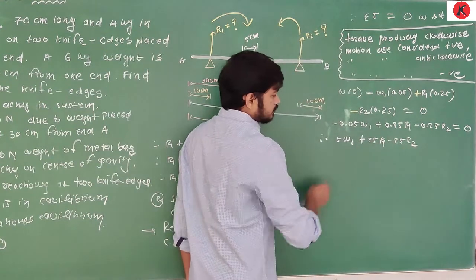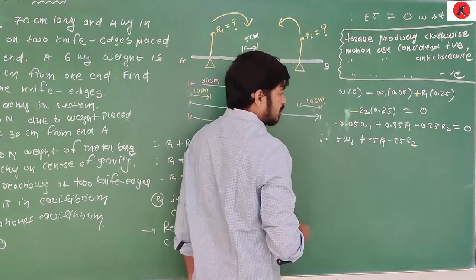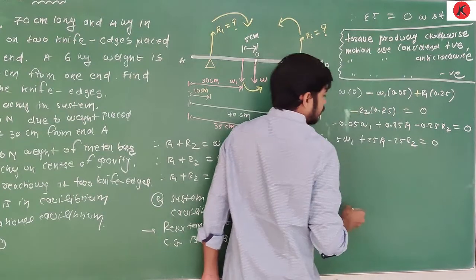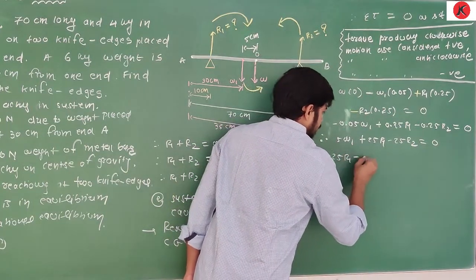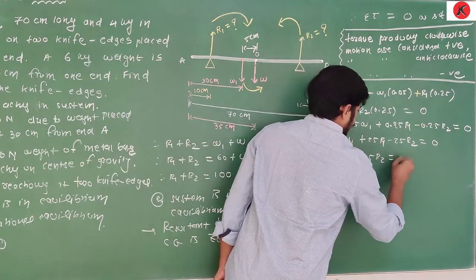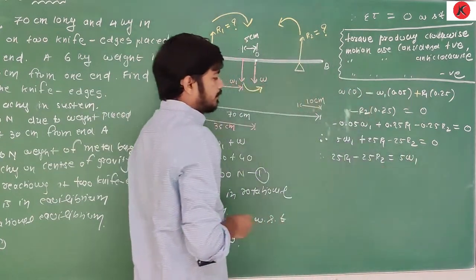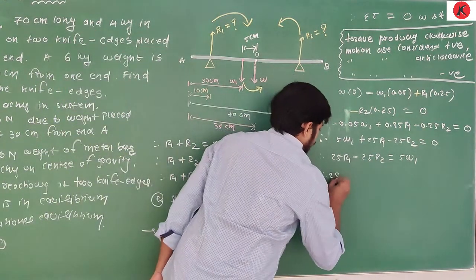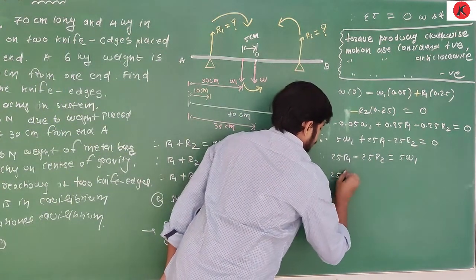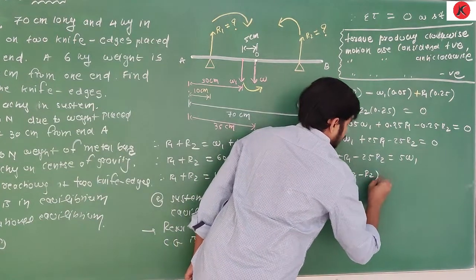I can write W1 on the opposite side. So therefore 25 R1 minus 25 R2 is equal to 5W1. So 25 common, it is R1 minus R2 equal to 5 W1 divided by 25.